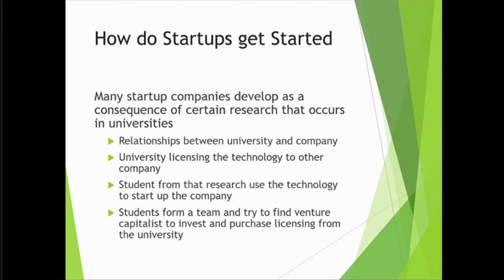Also, sometimes the university can develop technologies or IP, and the researcher or lecturer developing this technology is not willing to commercialize it because they are researchers, not businessmen. So what happens next is they can license this technology to another company that is willing to commercialize it.